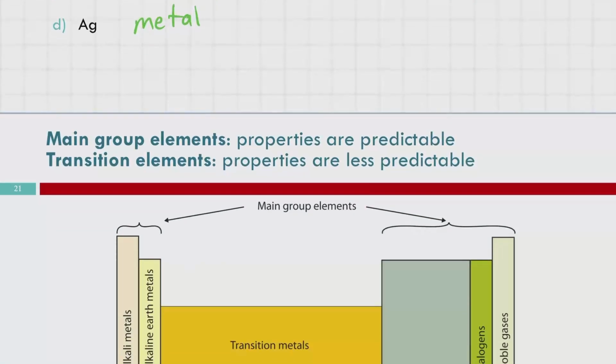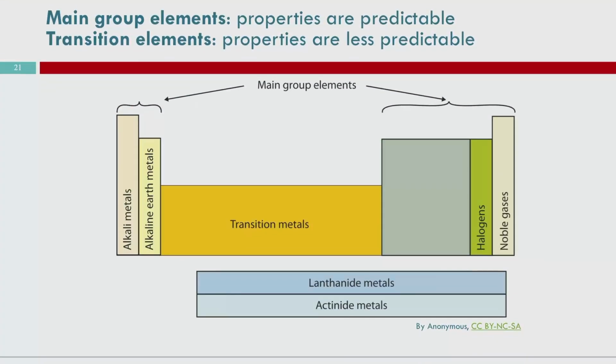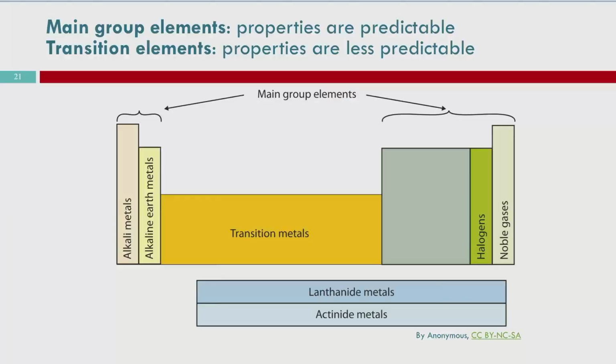Another way that we can split up our elements is into main group elements and transition elements. So our main groups are the first two columns, they have names, and the last 6 columns. This big block in the middle, those are the transition metals.